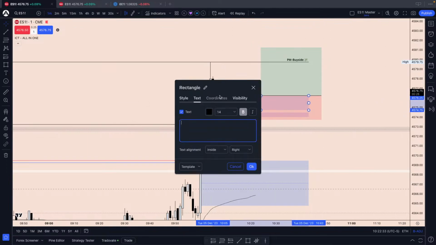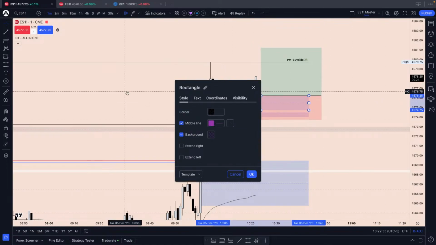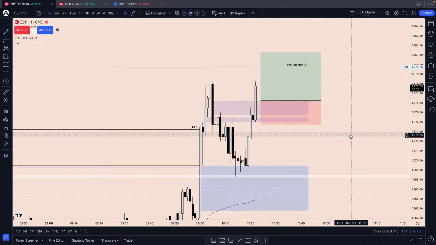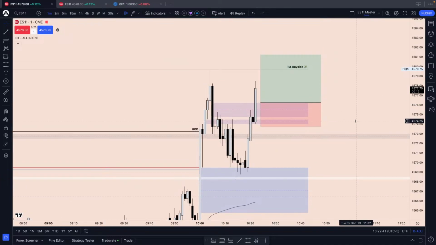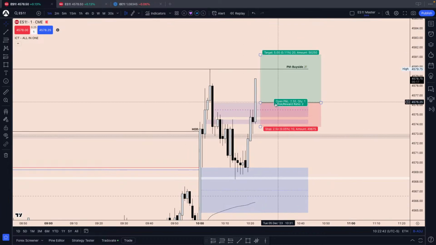Let's see if we get a potential inversion fair value gap here before we hit buy side. But if we hit buy side first, I would scratch that idea.